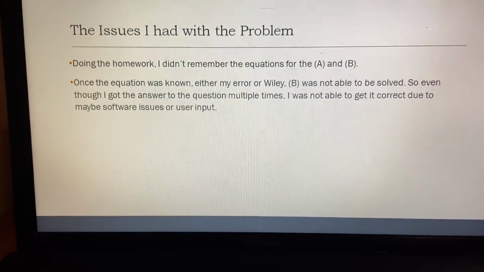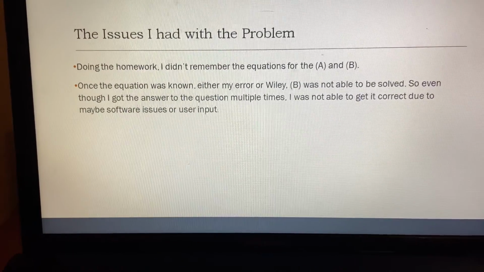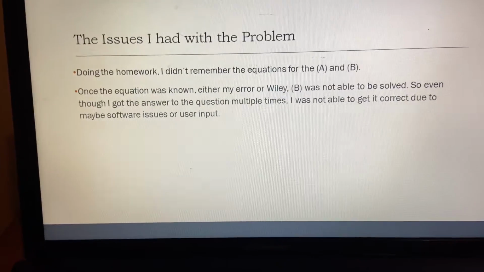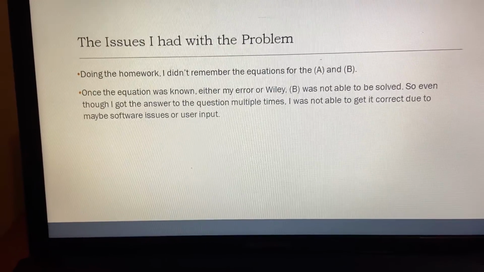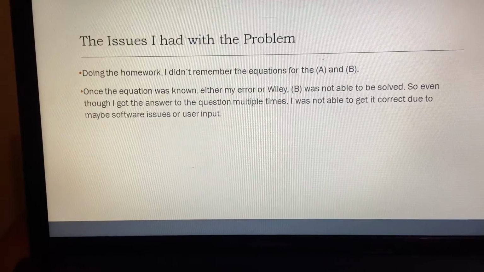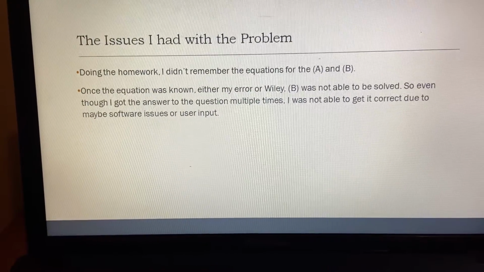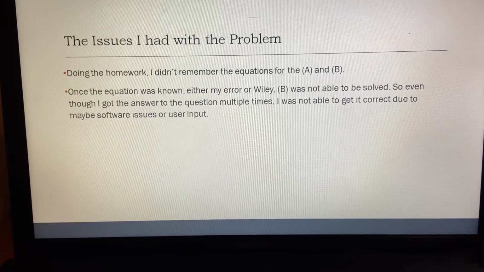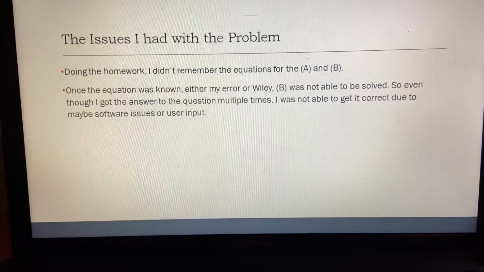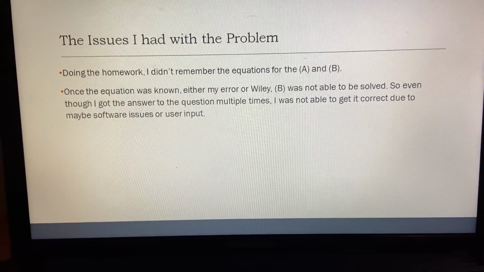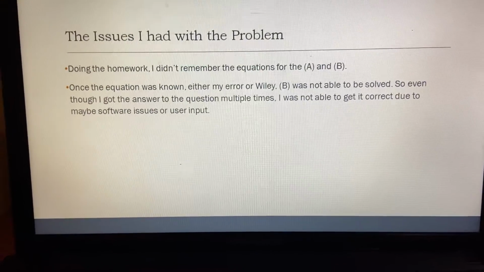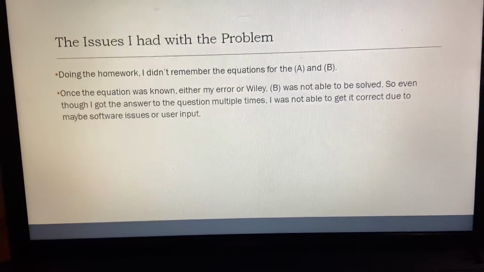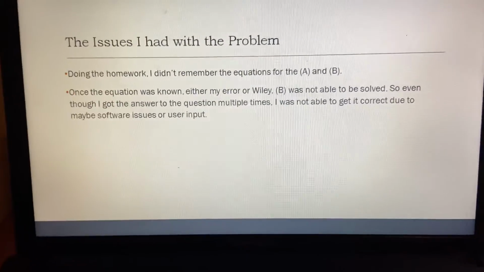But for part B of the problem, I was not able to solve it in all 3 attempts, and I knew I had the right answer because I ran the algebra through. I know I did everything right. I got my positives and negatives all correct, and by all rights, I should have had that problem. So that was one of the biggest issues I had with it, be it me or the software.